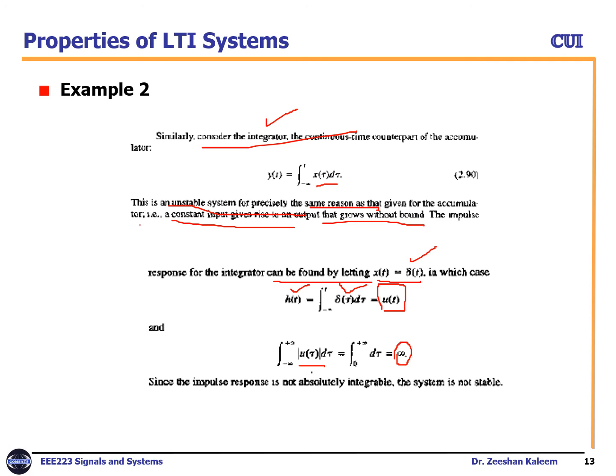So similar is the case for the integrator. Since the impulse response is not absolutely integrable because it is not less than infinity, the system is not stable. So in this way, we concluded that by verifying whether the impulse response is absolutely integrable, we can see whether the system is BIBO stable or not.